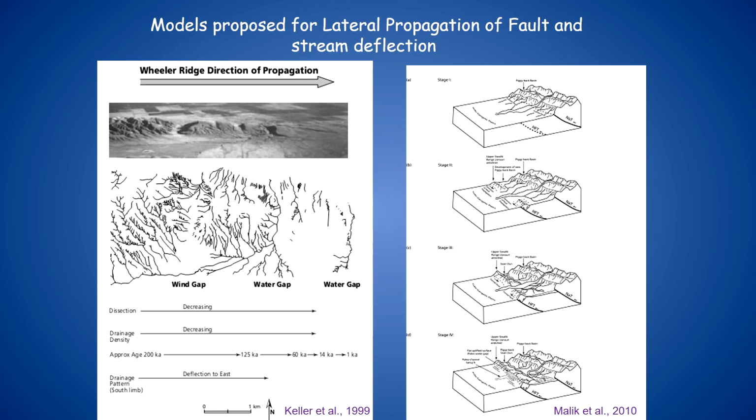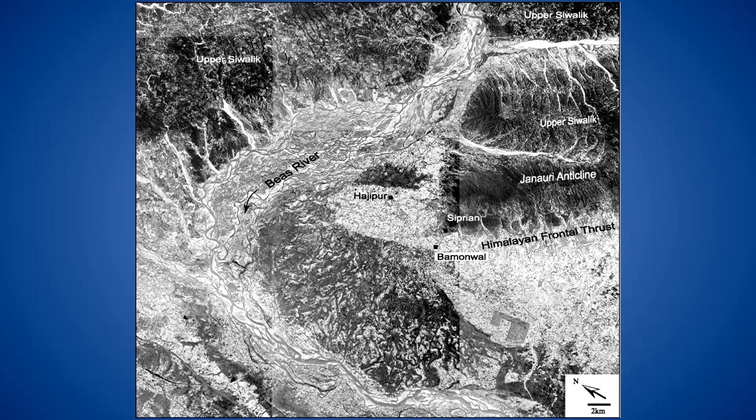So, this is the same example that we were discussing about your Shatluj and the Bias. It flowed through this one before the propagation.